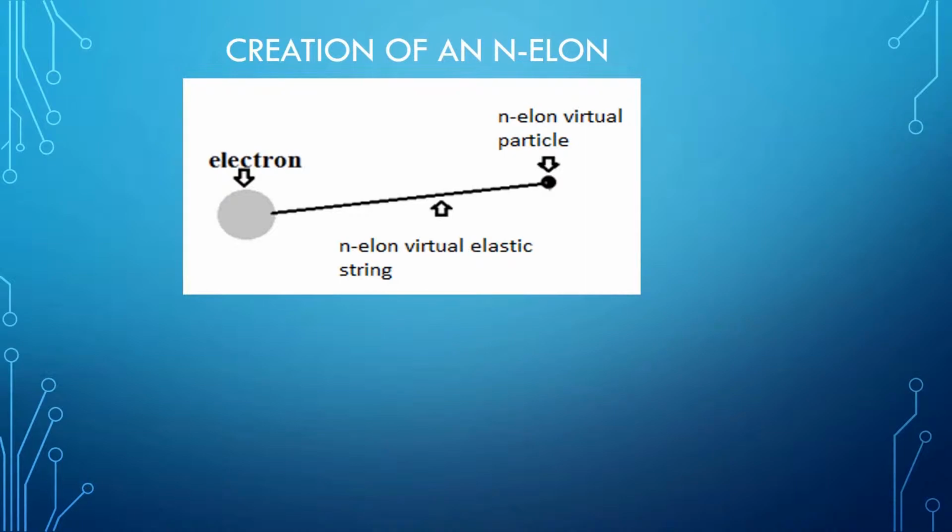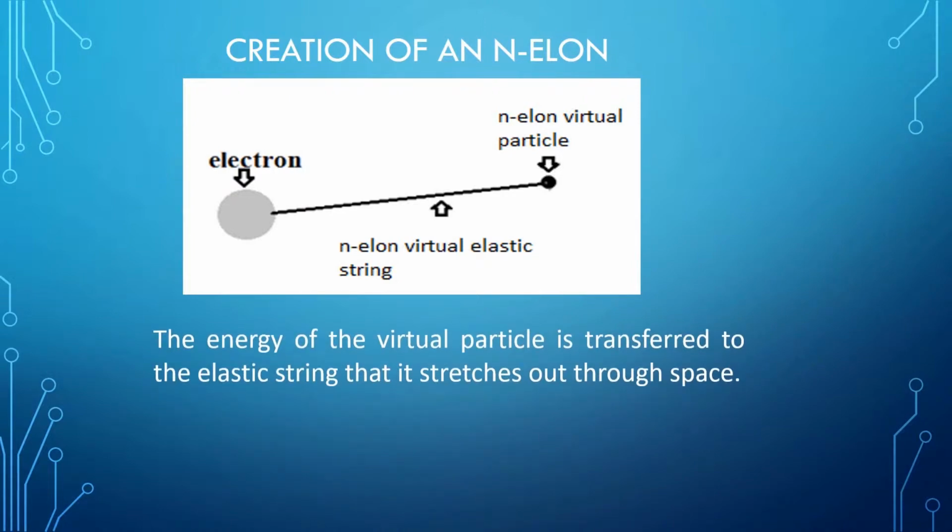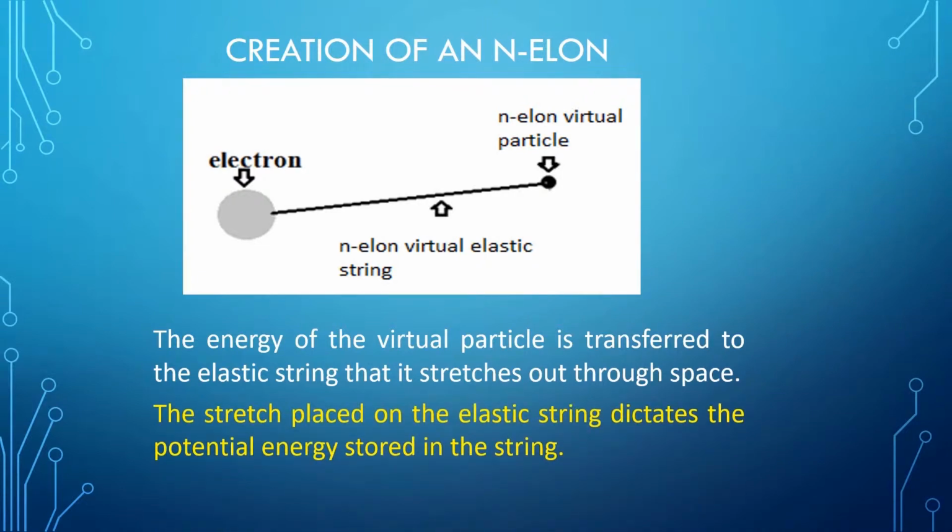The electron ejects a virtual particle with great velocity. Because the virtual particle remains attached to the electron, a virtual elastic string is created in its wake. The energy of the virtual particle is transferred to the elastic string that it stretches out through space. The stretch placed on the elastic string dictates the potential energy stored in the string.